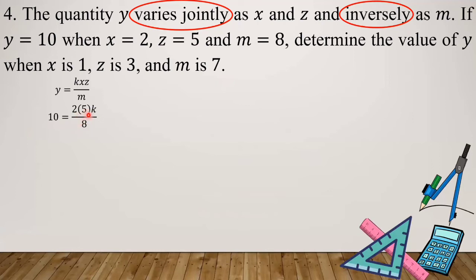So 2 times 5 is equal to 10. So 10 is equal to 10k over 8. Then we multiply both sides by 8.